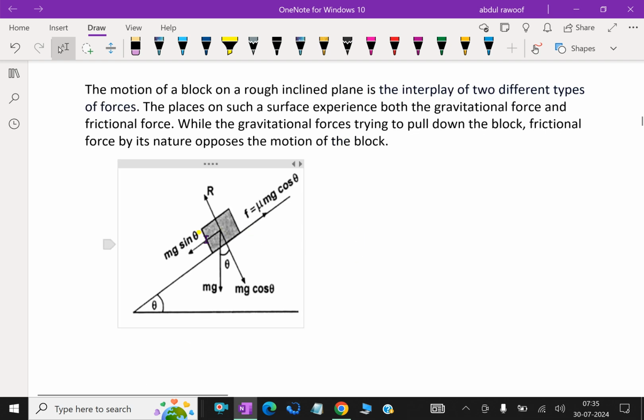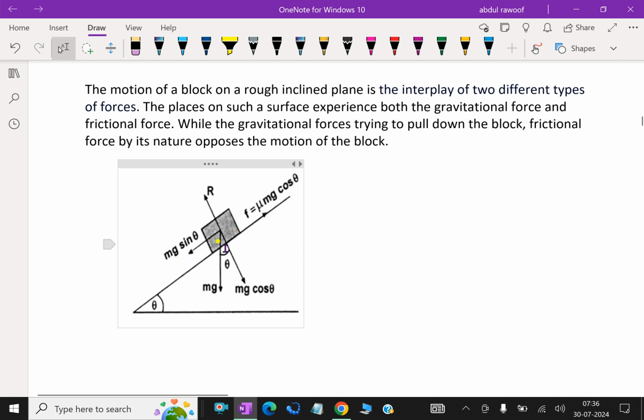Suppose the body tries to come down with mg sin theta force, and mg is the gravitational force acting perpendicularly down. The component along the surface is mg sin theta, and the component perpendicular is mg cos theta.